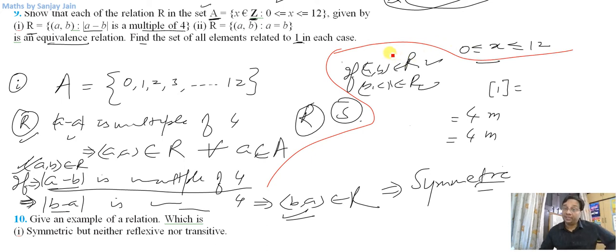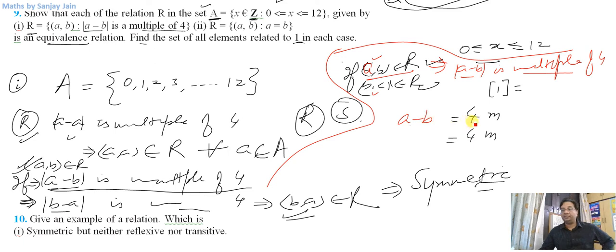So for it to be transitive, what I have assumed is that (A, B) belongs to R and (B, C) belongs to R. When I assumed that (A, B) belongs to R, that means A minus B mod is a multiple of 4, so A minus B can be written as 4 into some integer. Now this integer may be positive or negative.